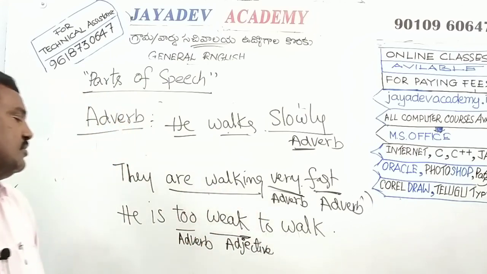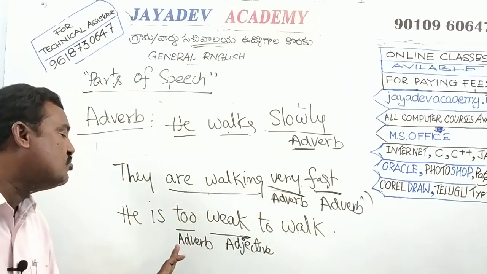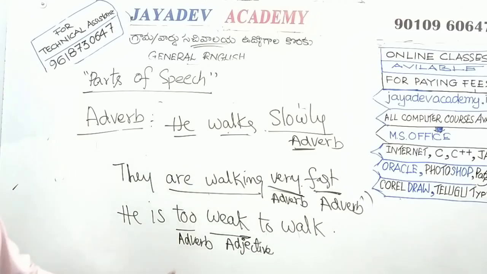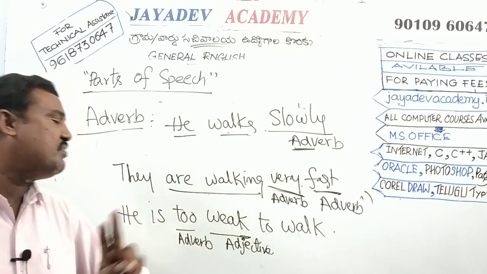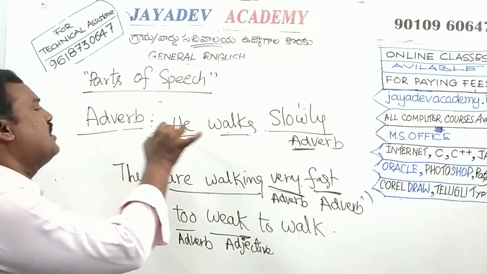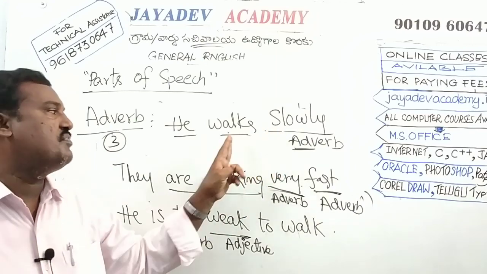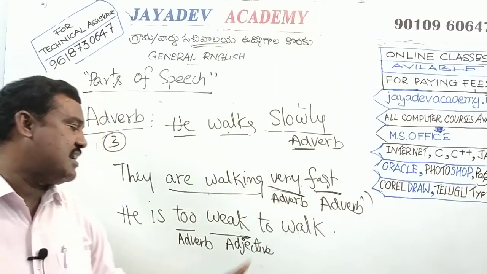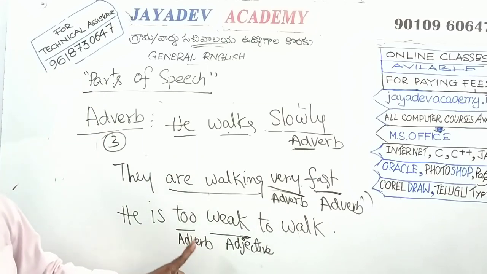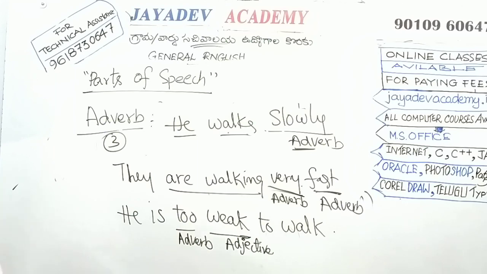Weak is an adjective. That adjective's meaning is modified by the adverb too. So the adverb's third function is modifying the adjective. So here the adverb does three functions. One, it modifies a verb. The second, the adverb modifies another adverb. And the third function is the adverb modifies an adjective. Like that it has three functions.